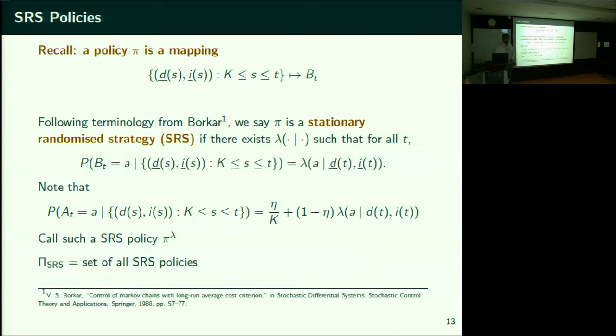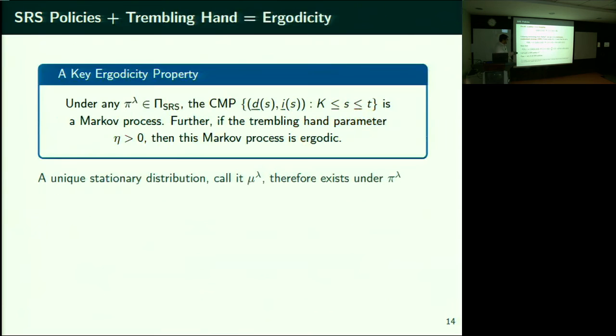Is your probability matrix stationary or is it changing over time? If your policy is an SRS policy with the trembling hand parameter strictly positive, the transition matrix is a time-homogeneous transition probability matrix, and it has a unique stationary distribution. Is the resulting P for the controlled Markov process changing with time? No, it's a time-homogeneous chain. The transition matrix is not a function of time.